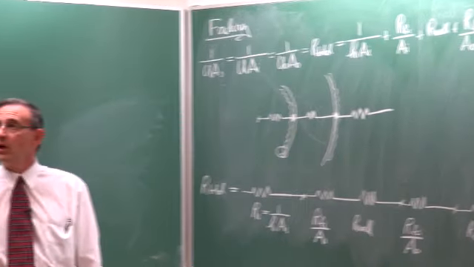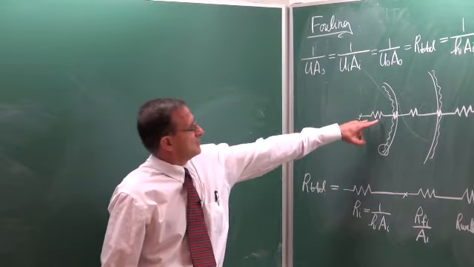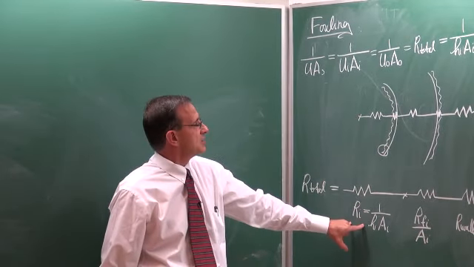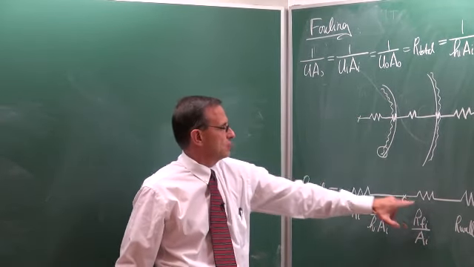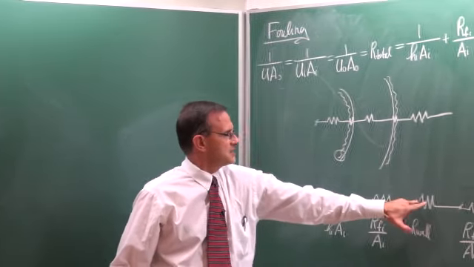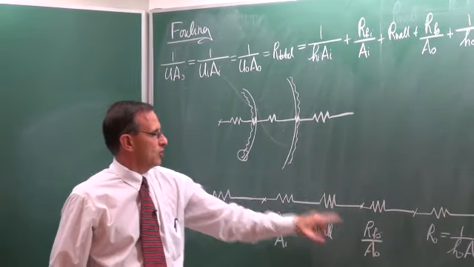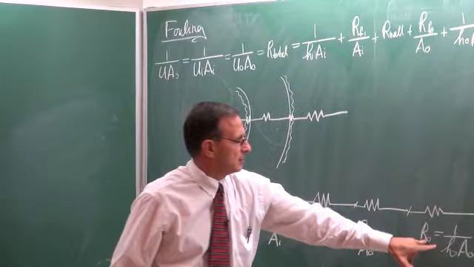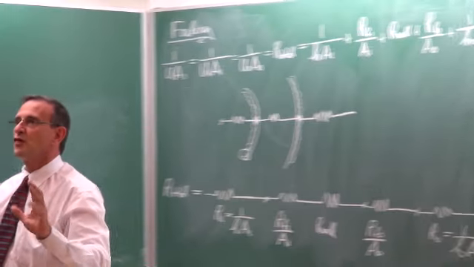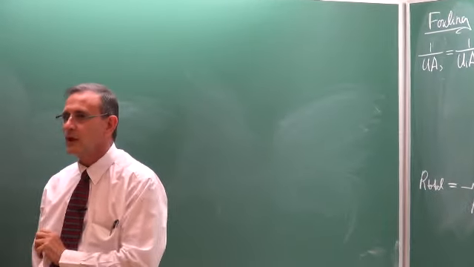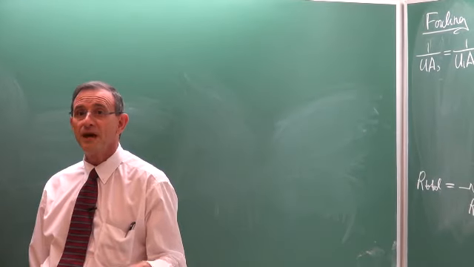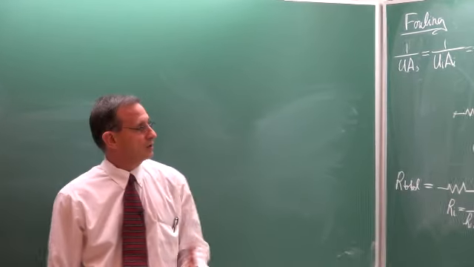Okay, so there are all our resistance terms: the resistance of the fluid on the inside, the fouling on the inside, the wall resistance, the fouling on the outside, plus the resistance of the flow on the outside. Those are all our terms. So we have made it very, very simple to handle.